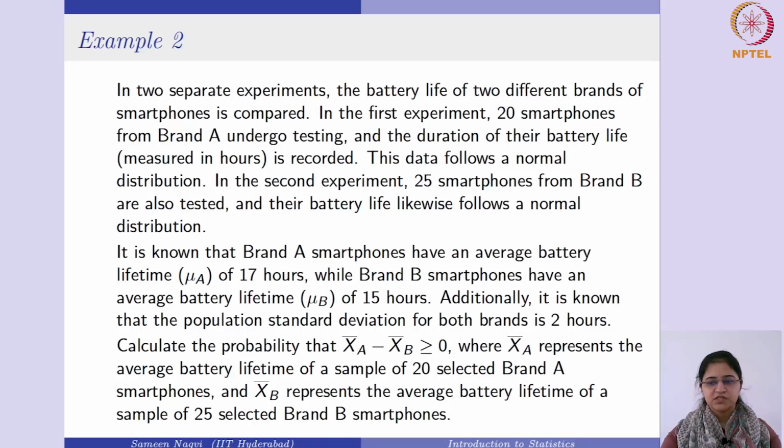So let us see how we can solve this. Let me note down what is given. This is your second example. x a bar follows normal with mean 17.